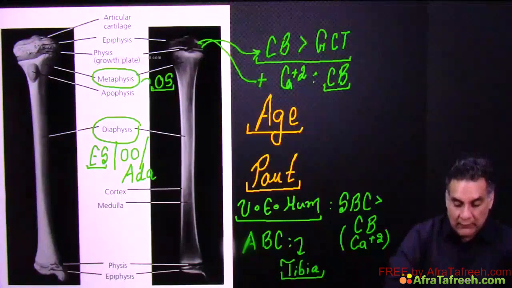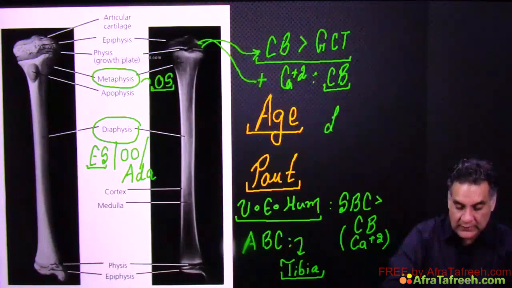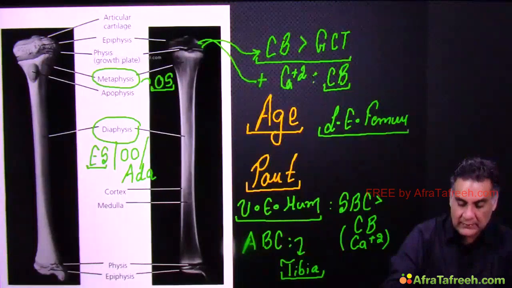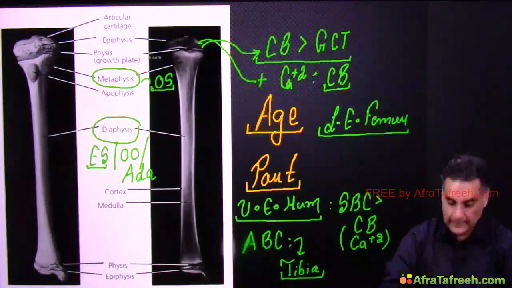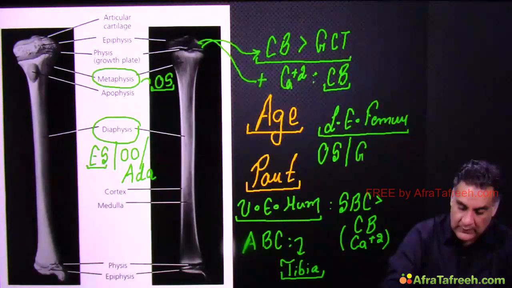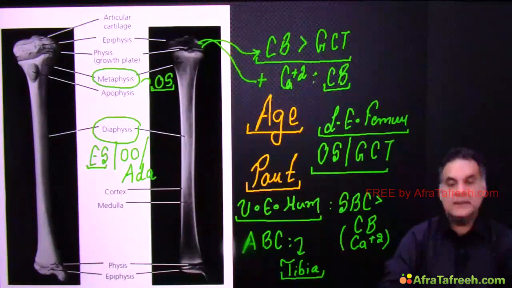And I want you to remember the third bone site, lower end femur. Friends, this is the commonest area where osteomyelitis occurs. Two tumors which are very common in this area, osteosarcoma and the giant cell tumor. They are most commonly seen at the lower end of femur.